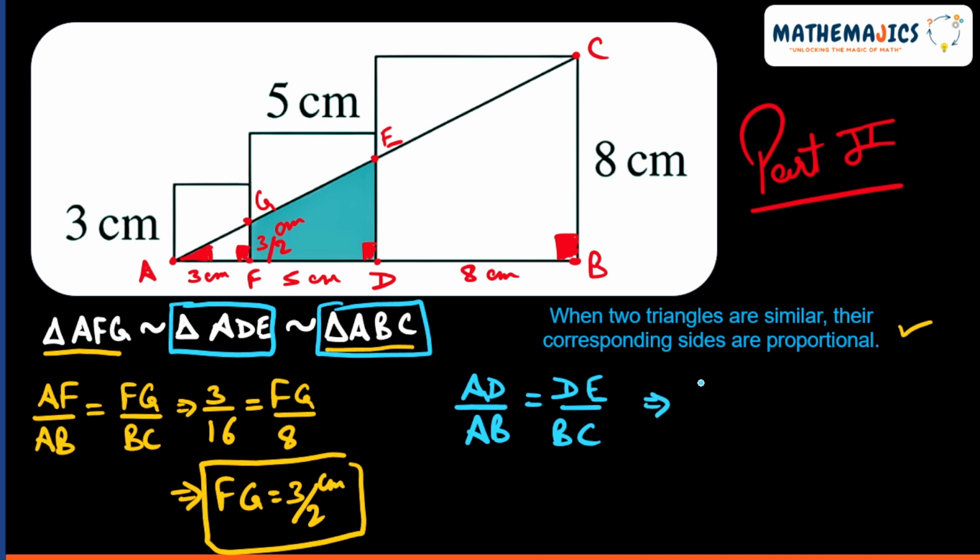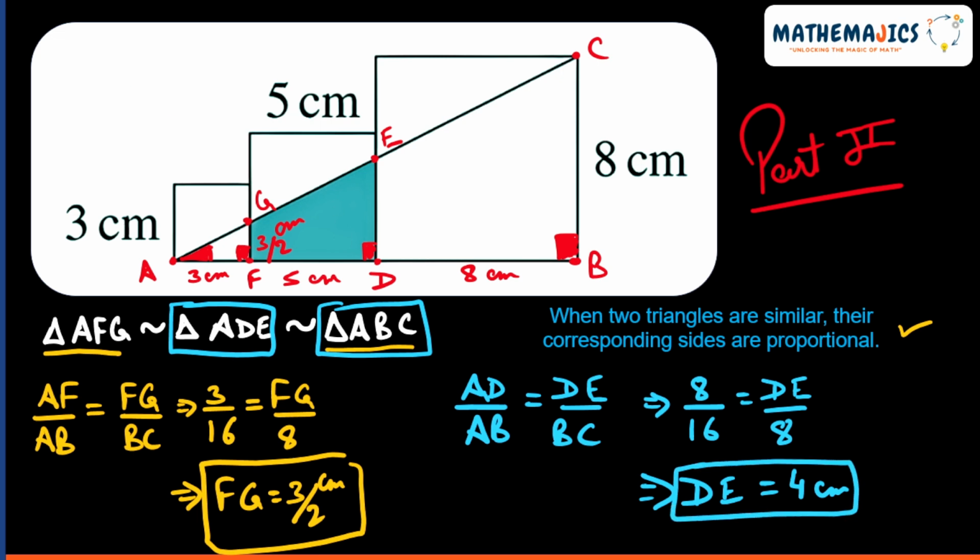AD is 3 plus 5, 8 centimeter. AB is 16 centimeter. DE we need to find out upon BC. BC is 8 centimeter. Correct? Now, if I solve this, DE will turn out to be 4 centimeter. Let's mark this in the figure. DE is 4 centimeter.